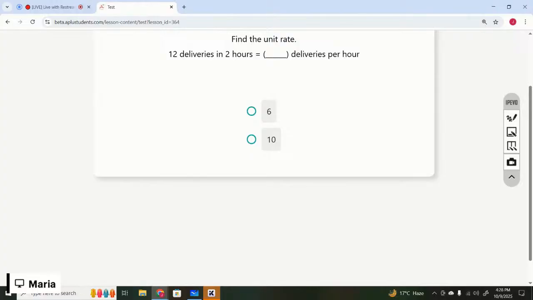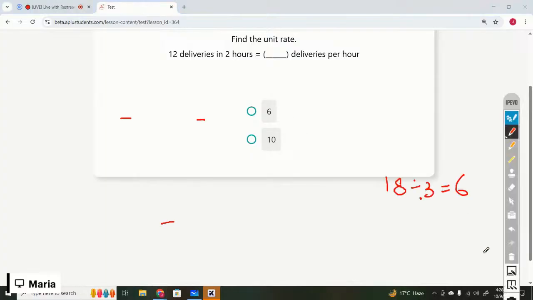12 deliveries in 2 hours. So how many deliveries per hour? You divide 12 by 2 because you need deliveries in 1 hour.